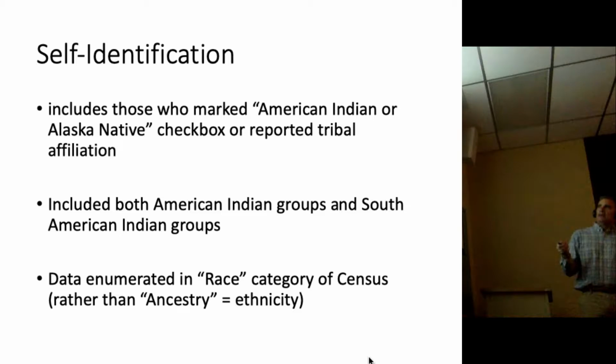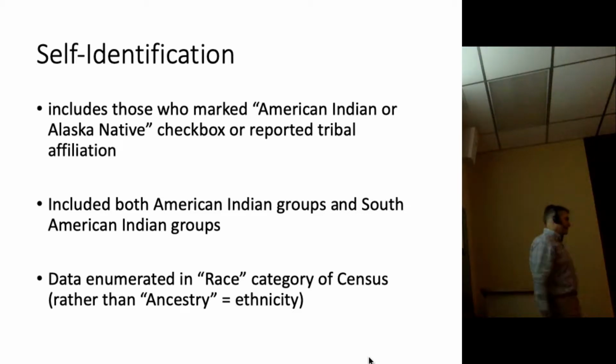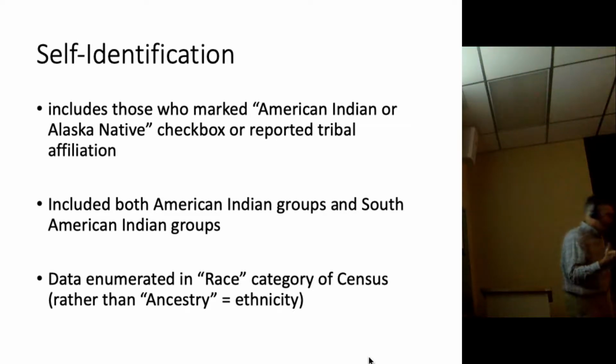If you know where Life Sciences East is, between Life Sciences West and Life Sciences East, that's where we're going to be. All right, well, anyway, this idea of self-identification includes both American Indian groups and South American Indian groups. All right, so that's kind of strange. In other words, there are a lot of people who might have ancestry in Mexico who consider themselves Maya, for example, who are going to be counted as Indians in the United States.